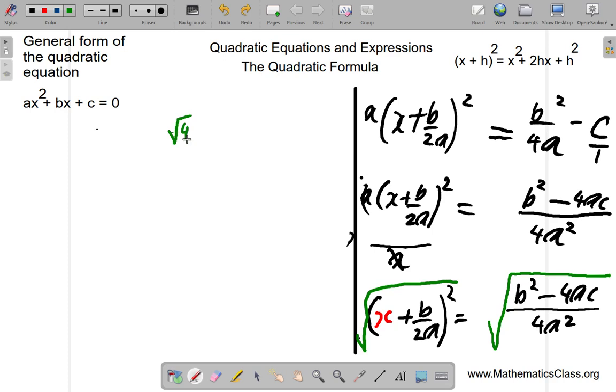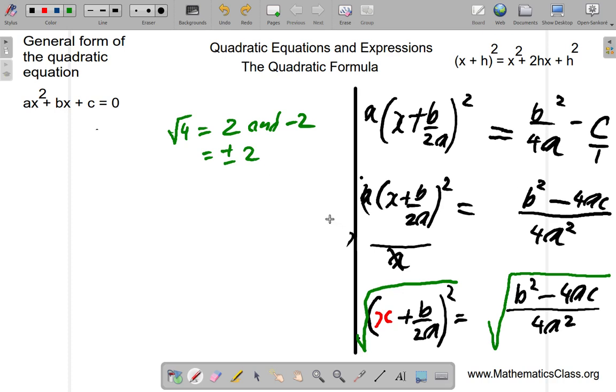The square root of 4 is 2, but it's not only 2. The square root of 4 is a number that multiplies itself to give a 4. 2 multiplies itself to give a 4. But the thing is, negative 2 also multiplies itself to give a 4. 2 times 2 is 4. Negative 2 times negative 2 is 4. So we can say the square root of 4 is positive and negative 2.